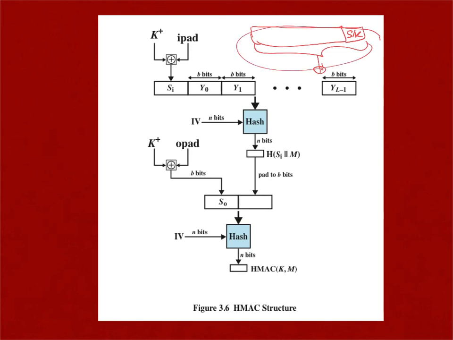So what we do is that we take the secret value or the key, and we perform masking. This is masking. So we have an IPAD and OPAD, which means that we take that secret value and then we mask the lowest part and the highest part.